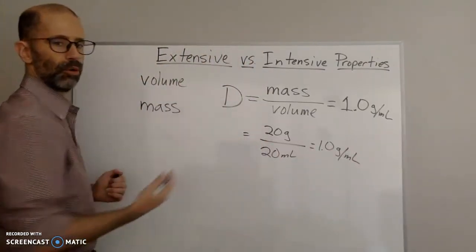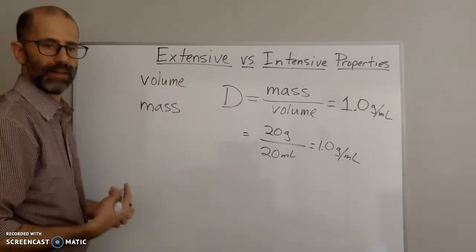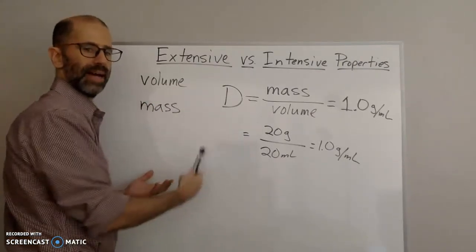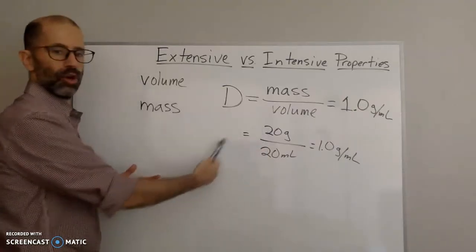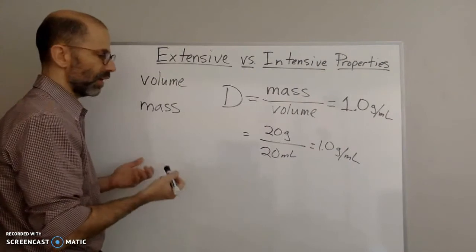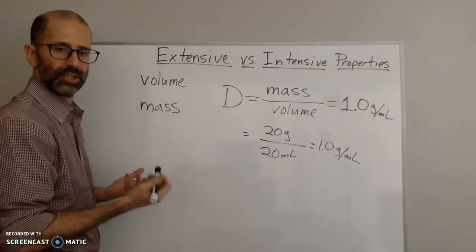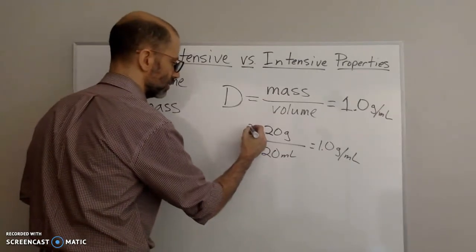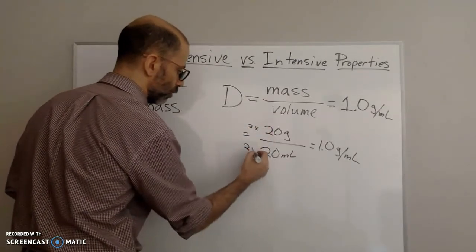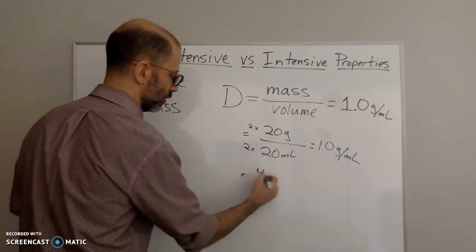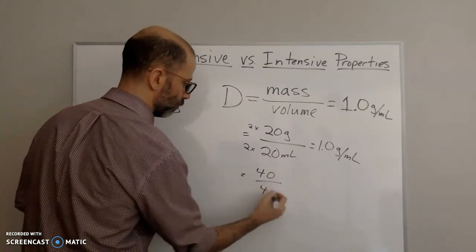If I double the amount of water I have, what happens to the mass? I double the mass. I also double the volume. So if I'm doubling both, then the ratio stays the same, right? If I double the mass and I double the volume, that gives me 40 and 40.